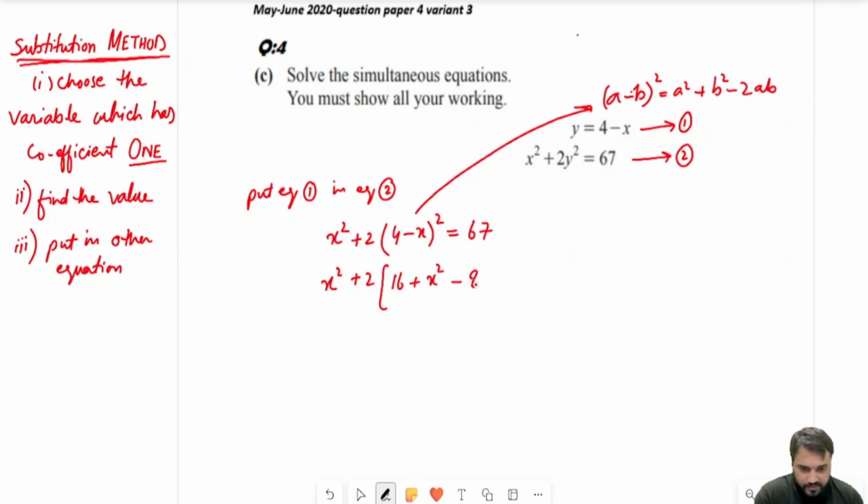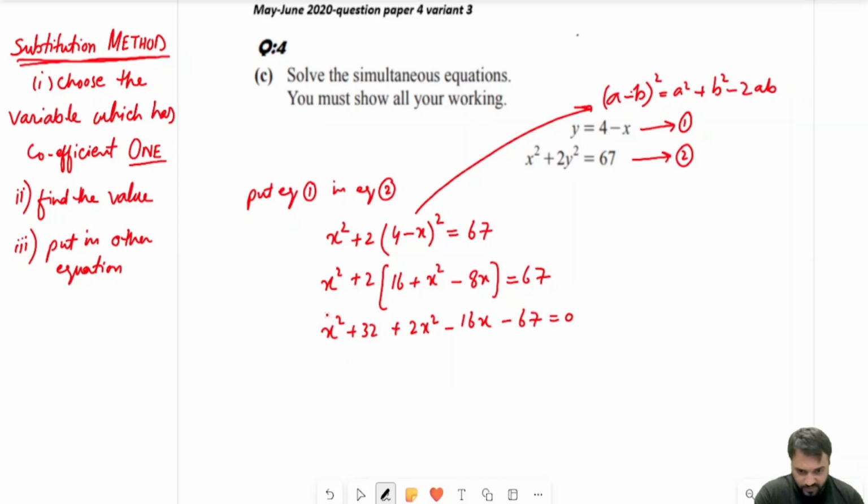It will be minus 8x is equal to 67. Okay, now x square plus multiply 2 to every term in the bracket. 2 into 16, that is 32, plus 2x square, 2 into 8 minus 16x, bring 67 here, minus 67 equal to 0.